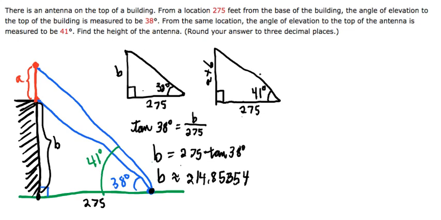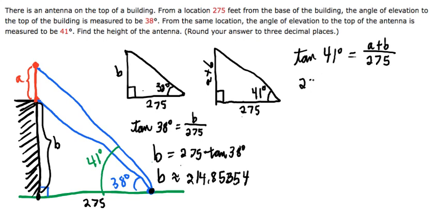Now, we can do the same thing with this second triangle. We also need to use tangent here because for this angle 41 degrees, we want to solve for this unknown side, A plus B. That's the opposite side of the angle, and we are given the adjacent side of the angle. So we can say tangent of 41 degrees is equal to the opposite, A plus B, over the adjacent, 275.